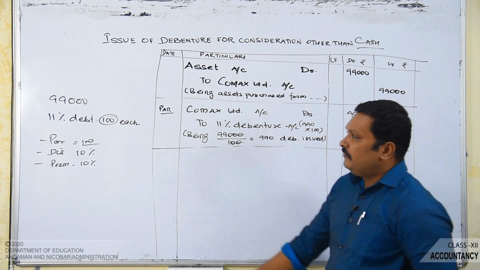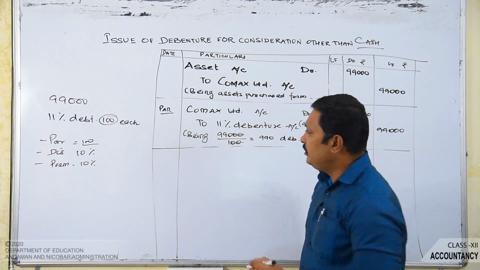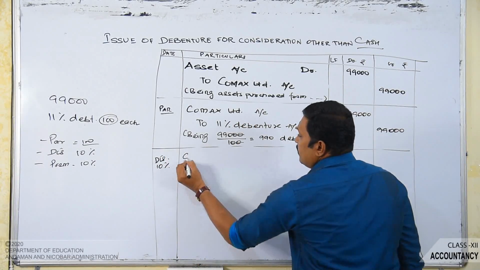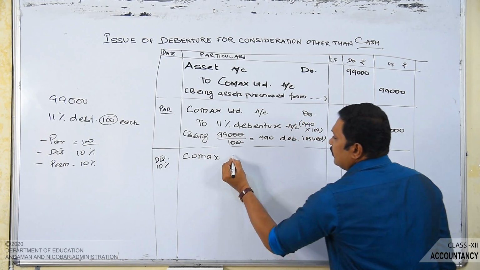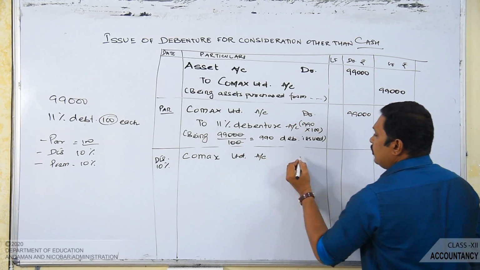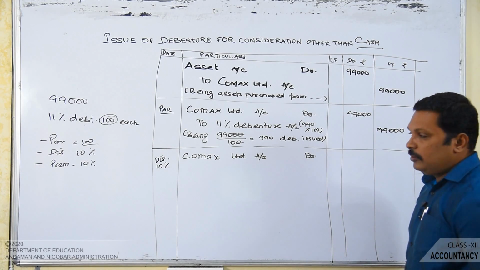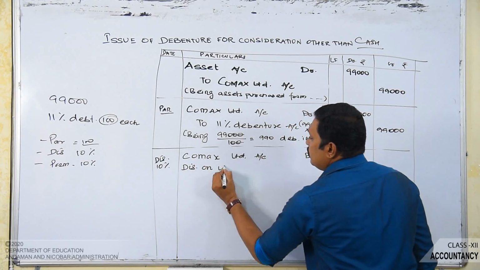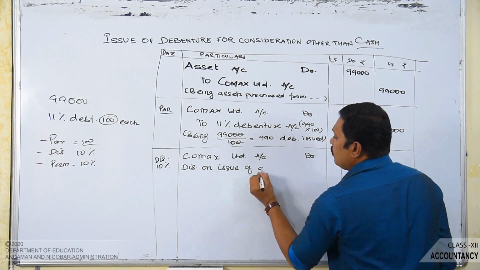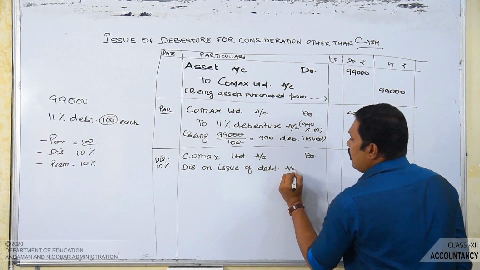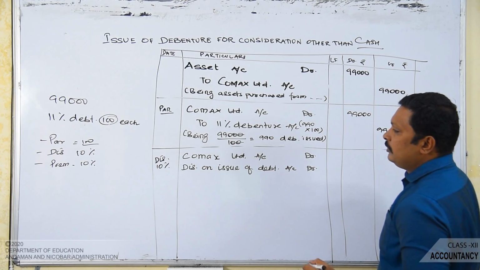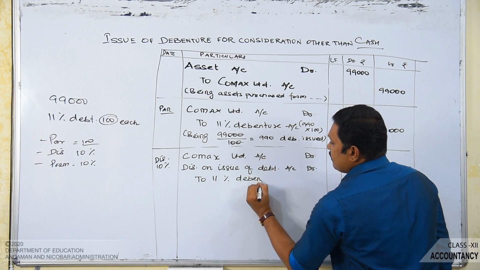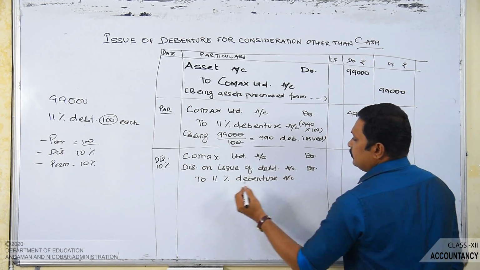Okay. Suppose we are issuing at a discount. You know the entry, no? Discount 10%. So come on, the entry is Comax Limited account debit. Now discount is a loss, that's why you have to debit the discount. Discount on issue of debenture account debit, then to 11% debenture account.